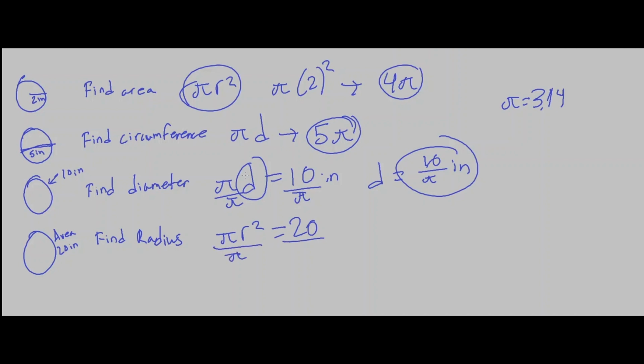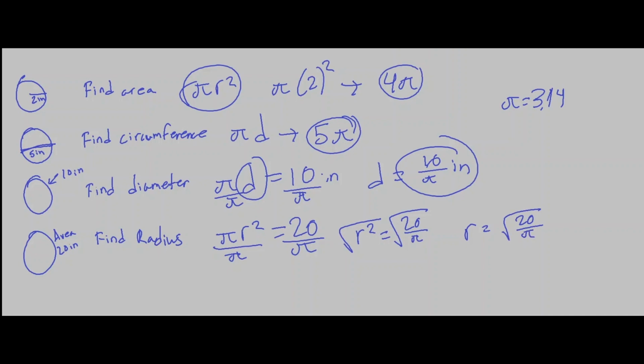If you divide by pi on both sides, it would give you r squared is equal to 20 over pi. Now in order to get r as a lone figure, we'd have to square root it. If we square root both sides, it would give us r is equal to the square root of 20 over pi.